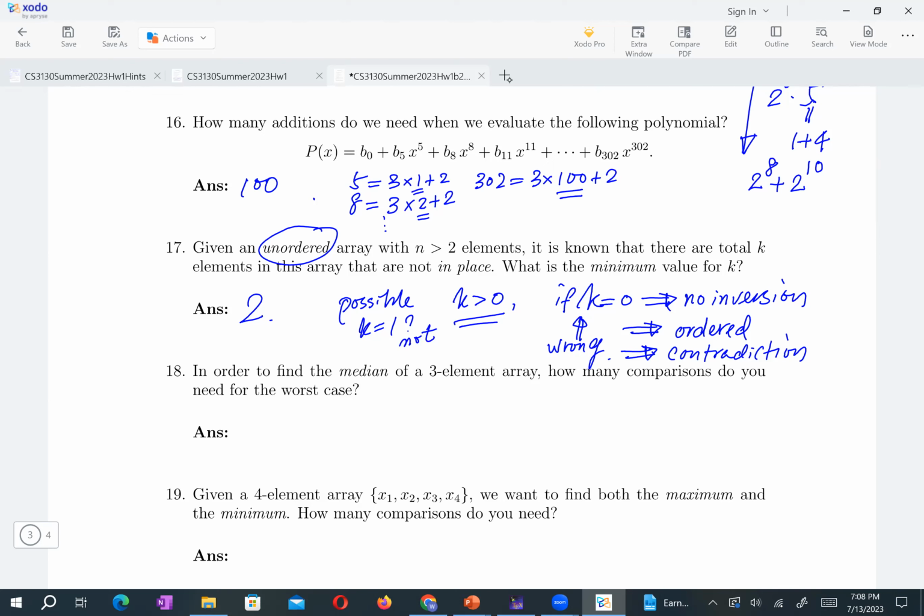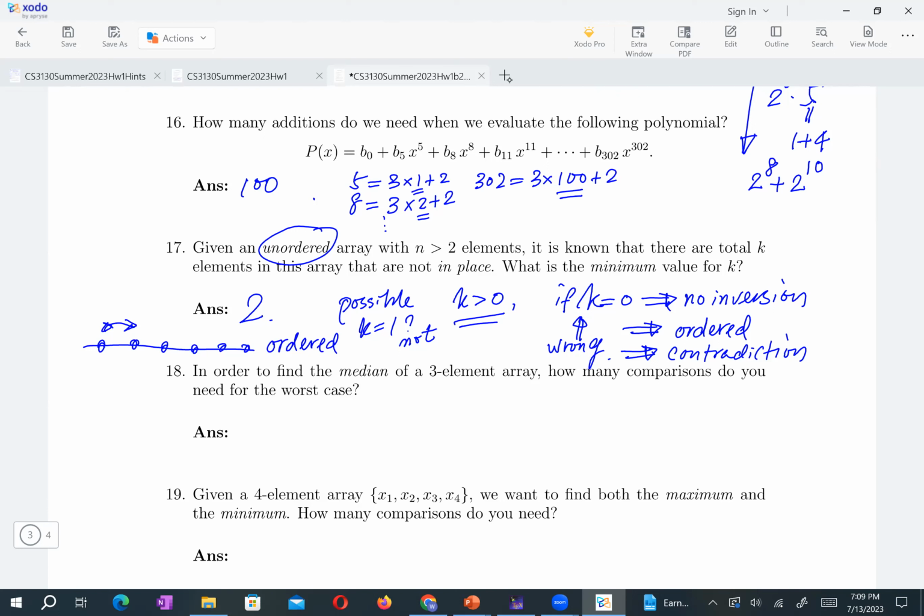Then the next number you need to consider is 2, but you also need to make sure 2 is achievable. Is it possible to get 2 elements not in place? Achievable, that's easy. You start with an ordered array, then swap 2 elements.